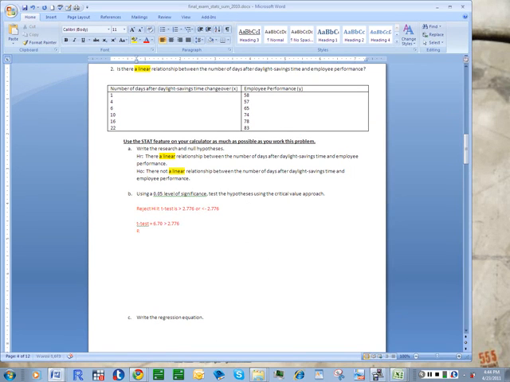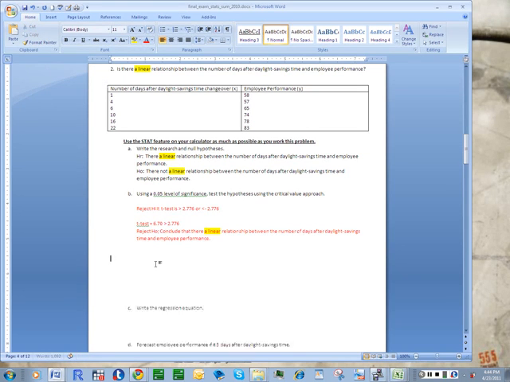So we reject H0. Conclude that there is a linear relationship between the number of days after daylight savings and employee performance.